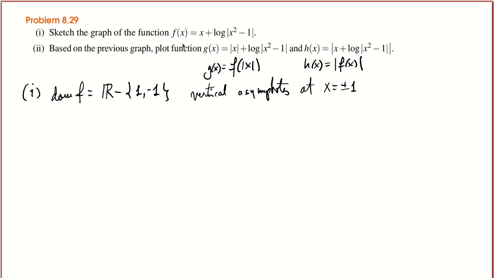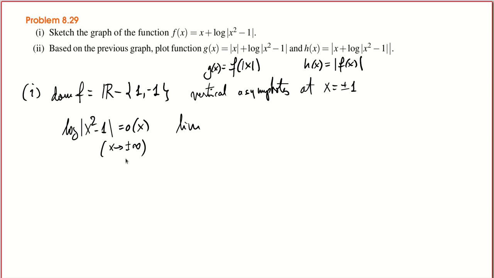And about any other kind of asymptotes, we can say something definitely, because the logarithm of the absolute value of x squared minus 1 is negligible with respect to x. The reason is, if you take the limit when x goes to plus or minus infinity, in both cases you have the same.